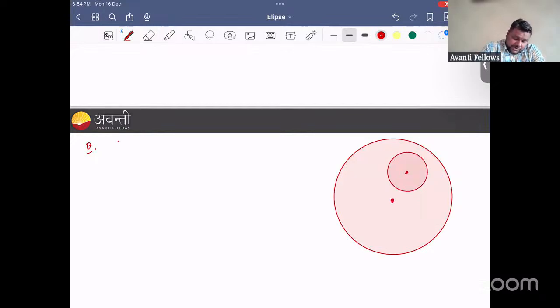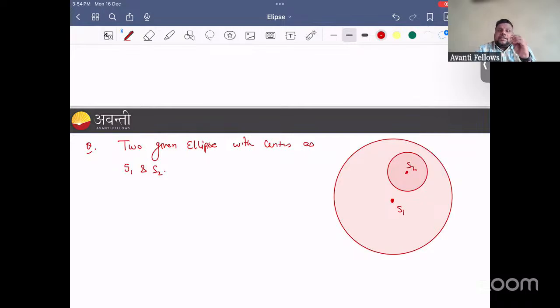So, two given circles with centers S1 and S2. Say this is S1, this is S2. When they mention two given circles, it means the radii are also known. Let us assume R1 and R2 as their radii.